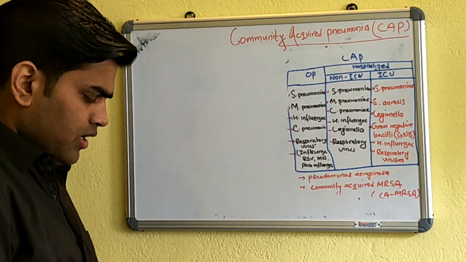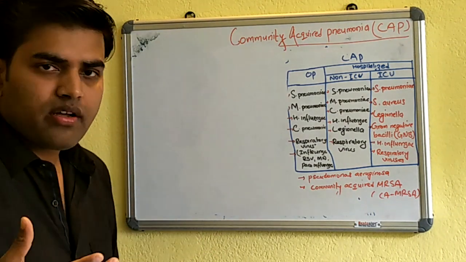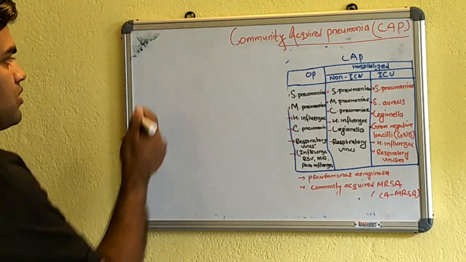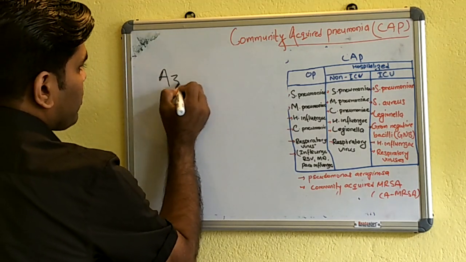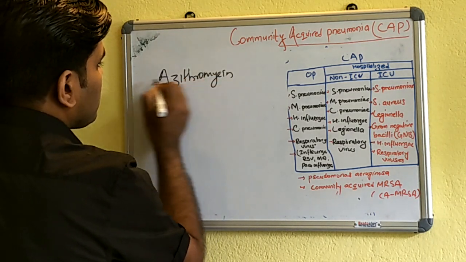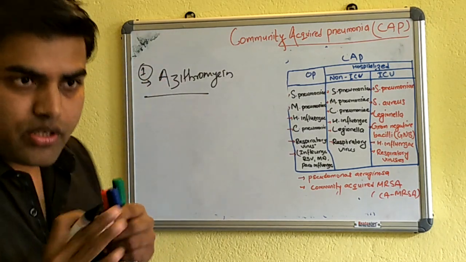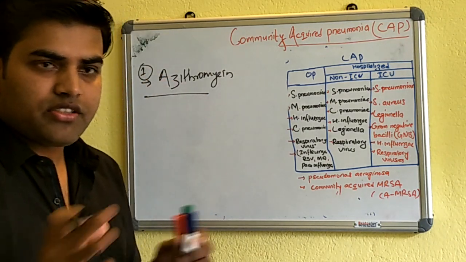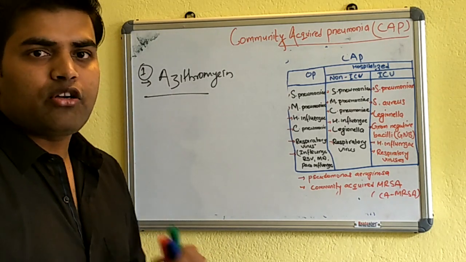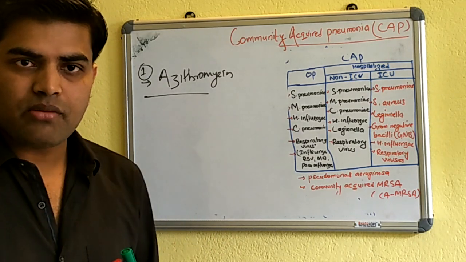Okay. First, anybody who comes to you is a well healthy, young person, but is getting pneumonia. The first choice you can give is just azithromycin, a macrolide. The person is not at extremes of age, has no comorbidity, is healthy, has not been admitted to hospital, and took no antibiotic in the previous 3 months.